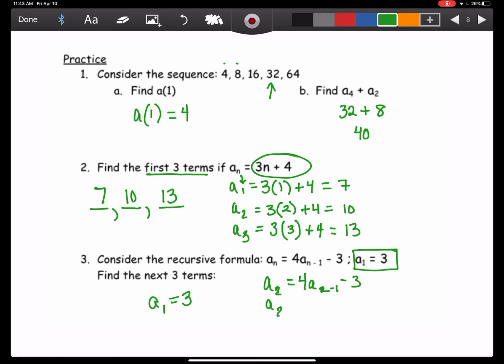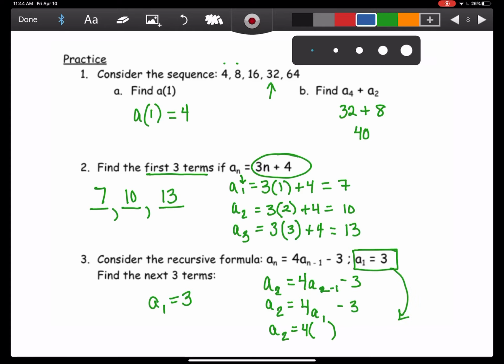Well, a sub 2 is equal to 4 times a sub 1 minus 3. Okay, then it says a sub 2 is equal to 4 times whatever a sub 1 is. Well, remember, a sub 1 was 3.